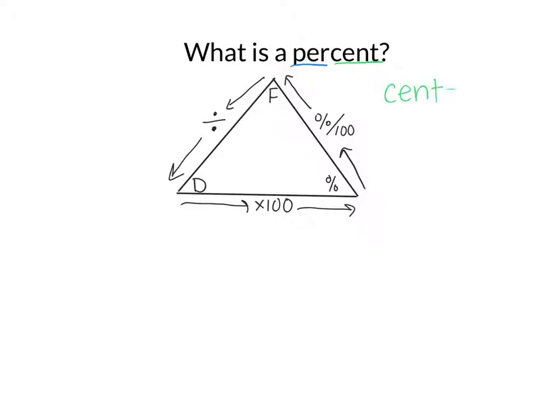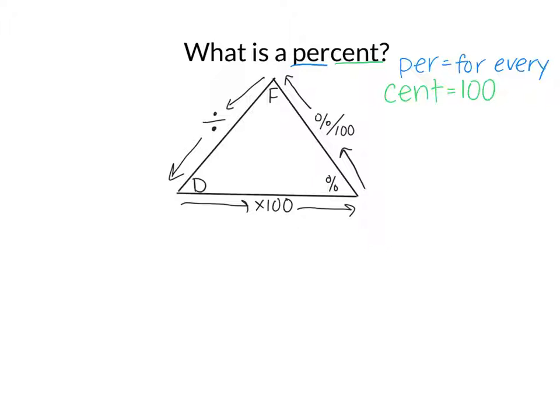Cent means 100, like a century is 100 years. A cent is 1 out of 100 in a dollar. Per means for every. So if we break apart the word percent, it literally means for every 100.